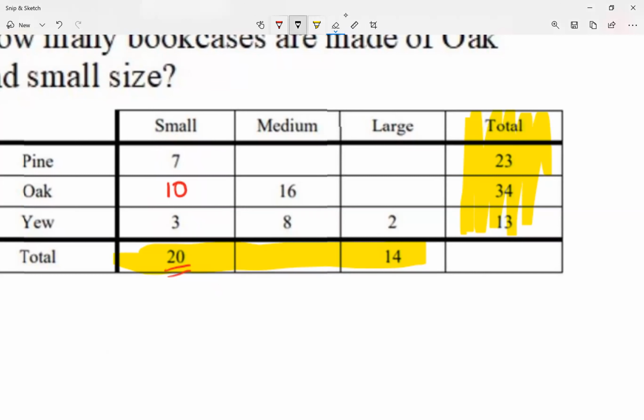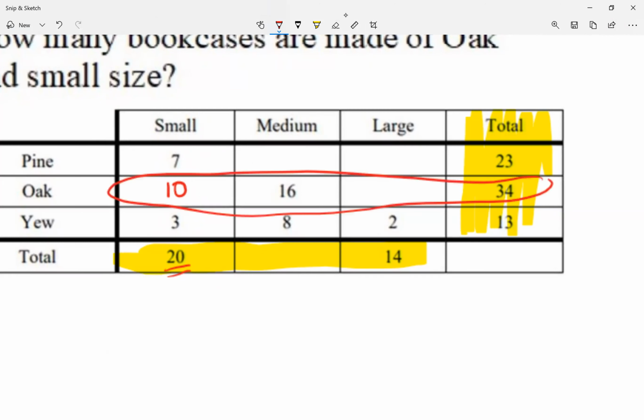Now, when I look at mediums, I wish I knew the total so I could find pine medium, but I don't know that at this time. Let me look at it this way. When I'm looking at oak, I know 10 are small and 16 are medium. I don't know about large, and the total is 34. I'm going to look for a row or a column where I'm missing just one number.